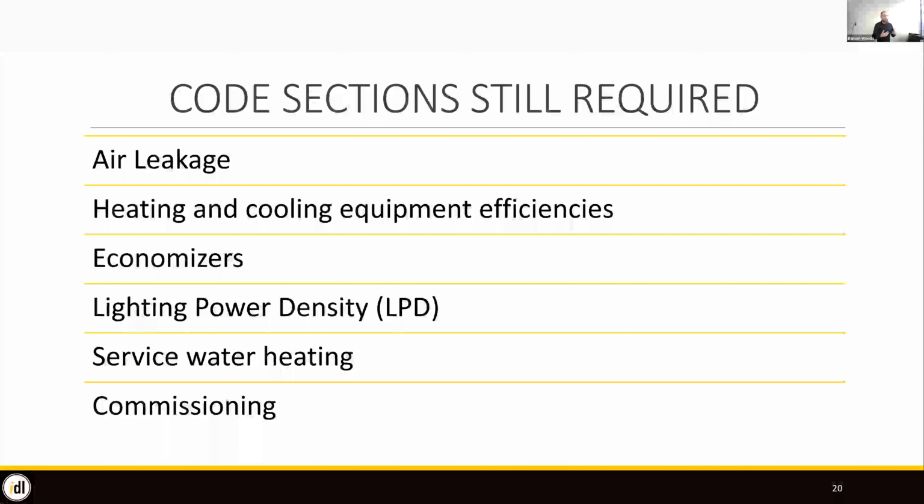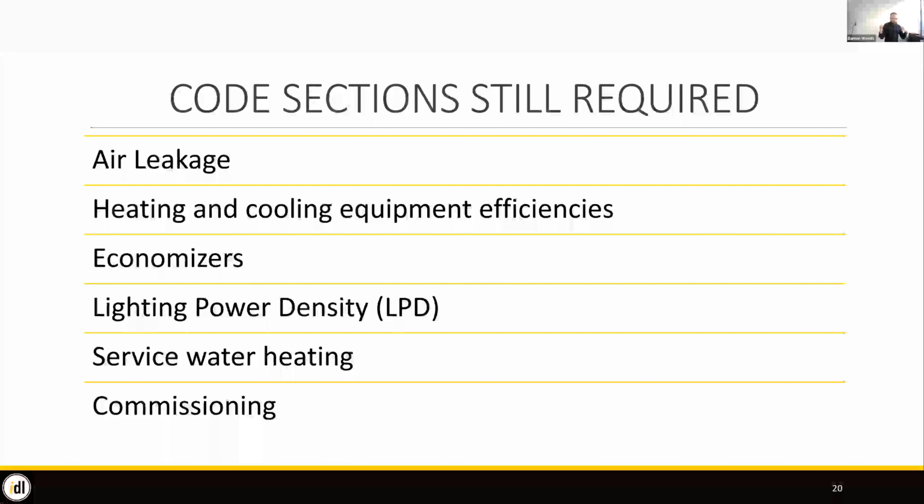A few others that maybe go without saying, but are still required if you're using the performance method, is you still have to calculate loads. You still have to have efficiency options for data centers that are required in the code. Still have to have ventilation and fan controls, ceiling fan efficiency, refrigeration equipment, and make sure you're meeting minimum efficiency on mechanical systems, even if they're outside of the thermal envelope.